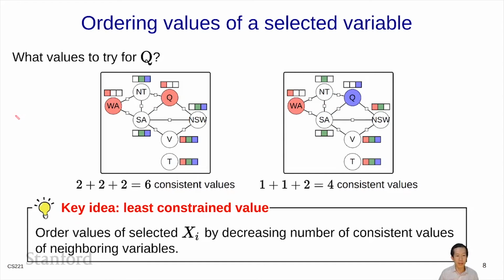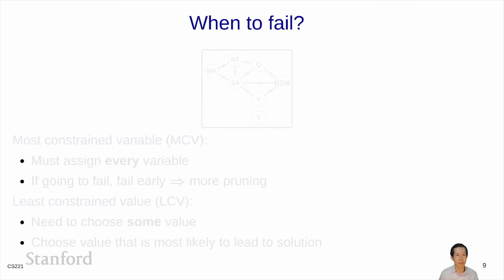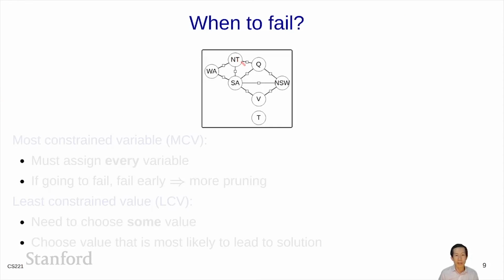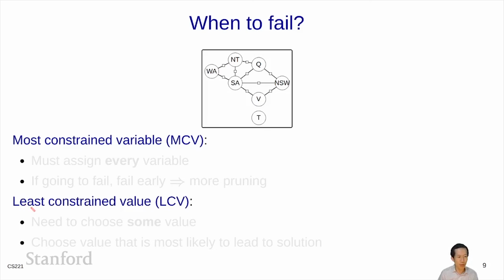Okay, so least constrained value: order the values in order to free up the neighbors as much as possible. So this might seem a little bit strange. Most constrained variable, least constrained value, these seem superficially kind of at odds with each other. But there is a reasoning, which is that variables and values are very different.